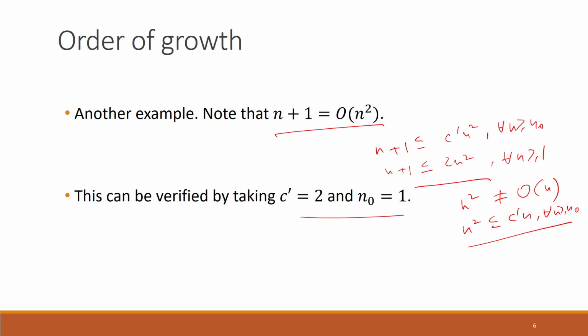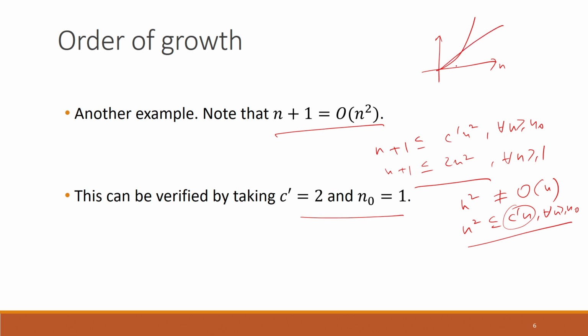If this has to be satisfied, then it means that after this value n naught, n square will get upper bounded by a constant times n, and that is just not possible. If we plot n on the x axis, n square grows something like this, whereas the function n will pass through the origin and grow like this.